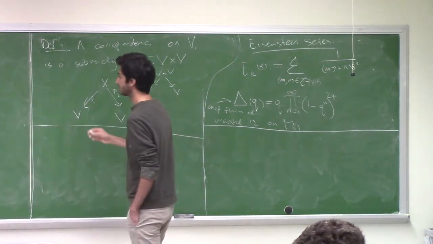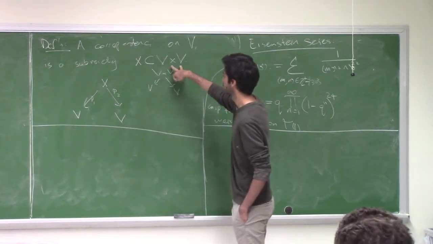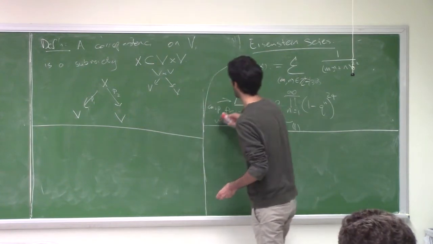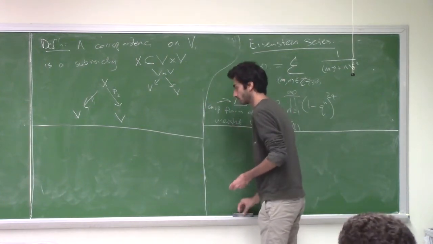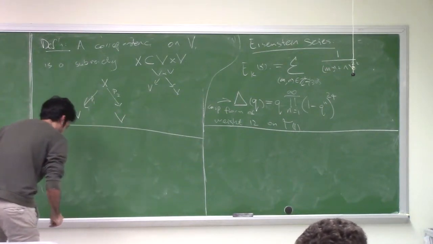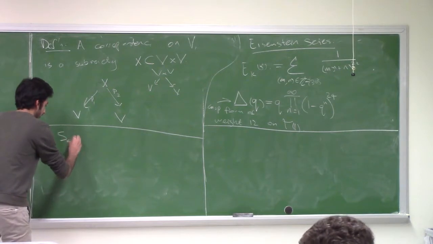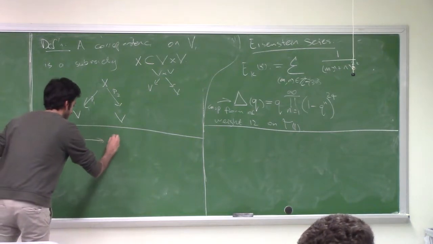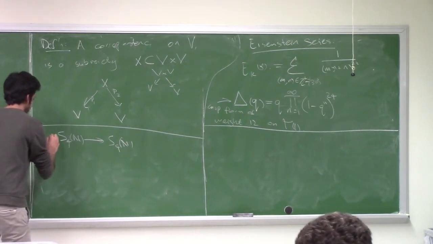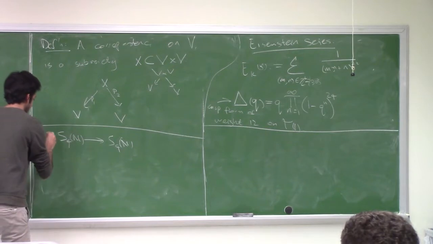So for every P, we have to somehow construct a subvariety in the product of Hitchin system. And the way to do that is actually really simple. So the base of the Hitchin system is S4n in this case, and we have a linear operator, TP, mapping this to this.